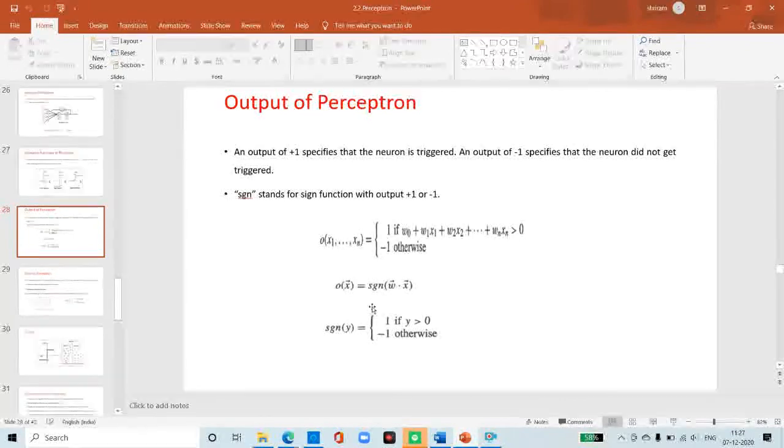If the summation of W dot x is greater than 0, the output is plus 1, otherwise minus 1. So the neuron gets triggered only when the weighted input reaches a certain threshold value.